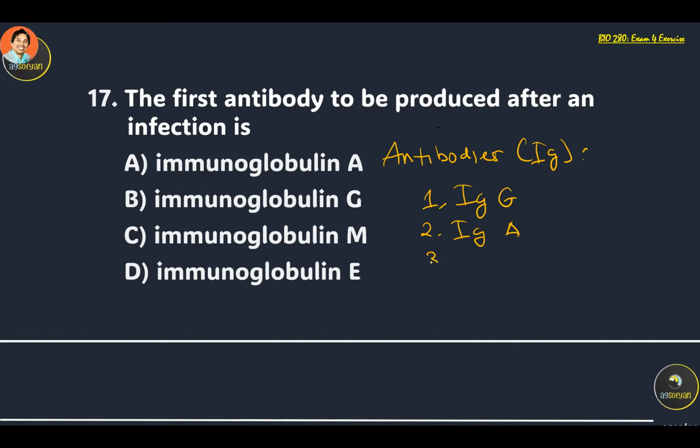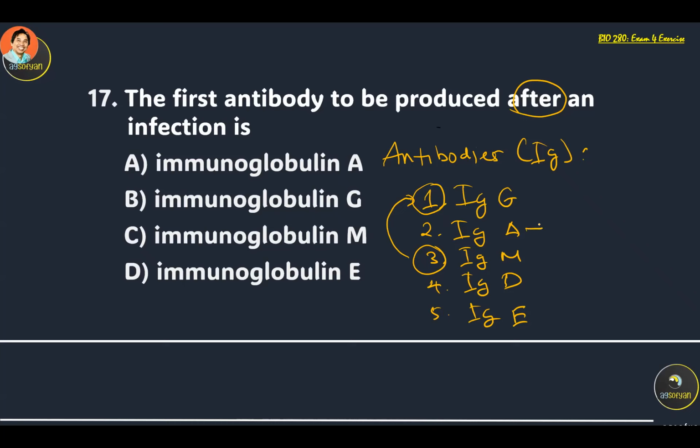The third one is IgM. The fourth one is IgD. And the last one is IgE. The one produced right after infection will be IgM, and then after that IgG. So IgM is first, and IgG second.